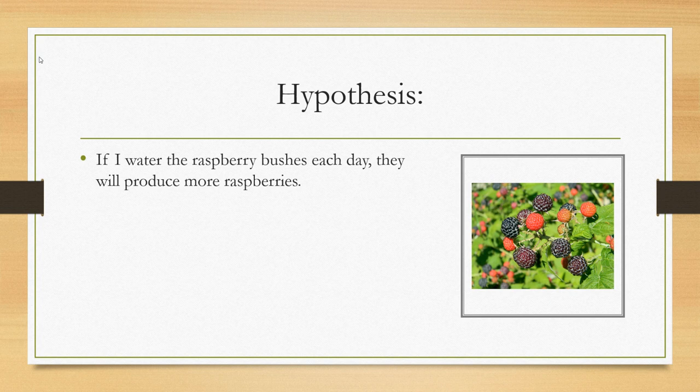If you think back to what you learned within the lesson, remember that an experiment has to have at least one experimental group and one control group. So think about how you would set this experiment up using those 2 raspberry bushes.